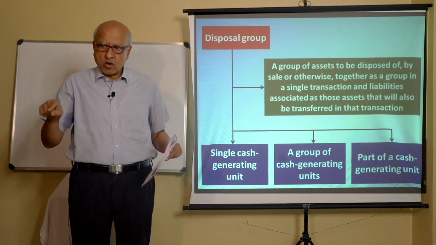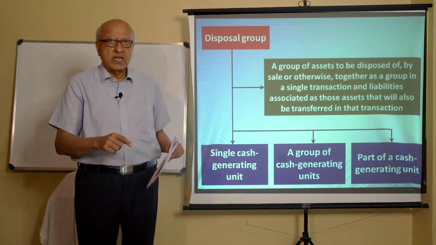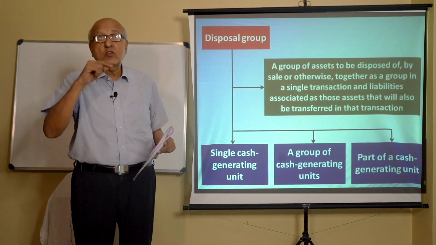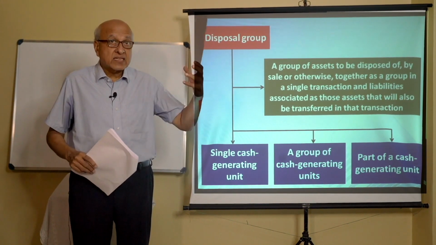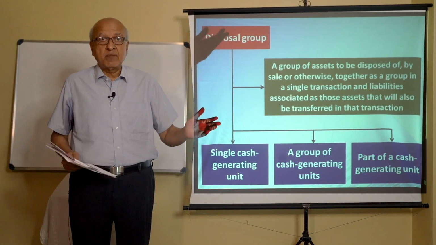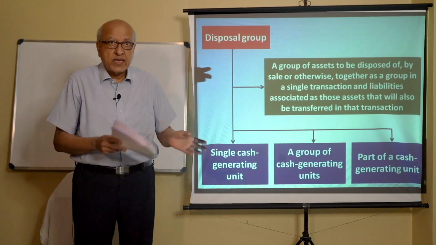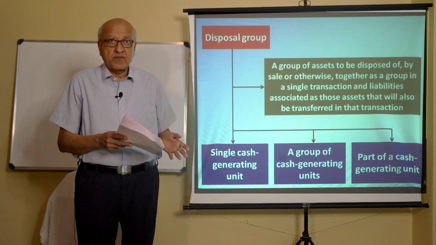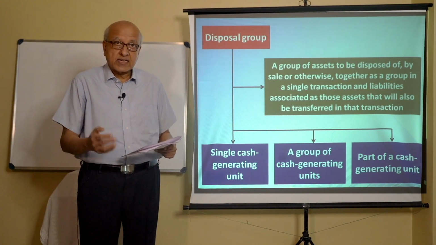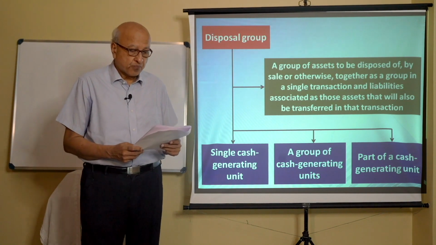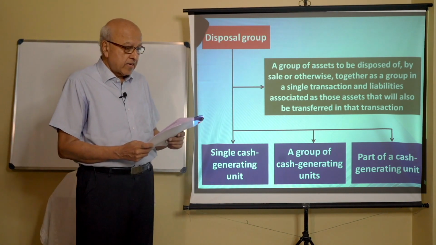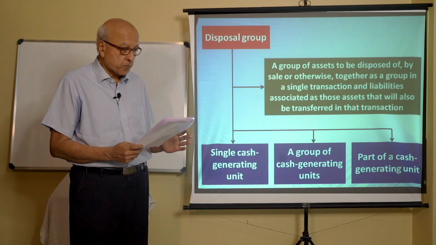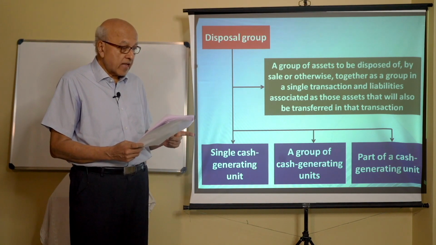We say non-current asset held for sale. The moment we call this a disposal group held for sale, it means assets having some related liabilities, and they will be sold together, asset with those related liabilities in a single transaction.